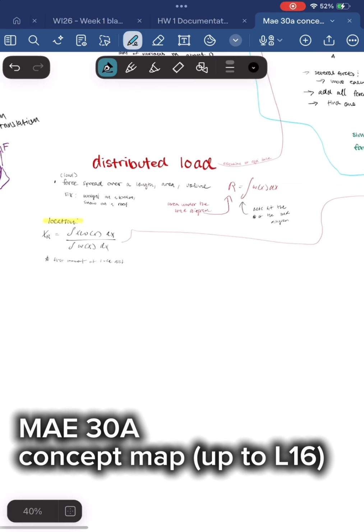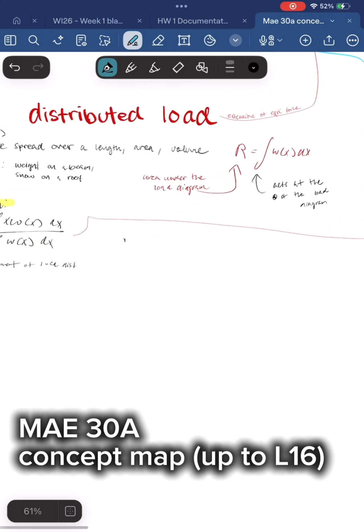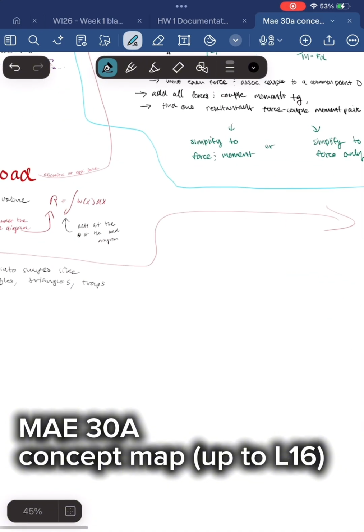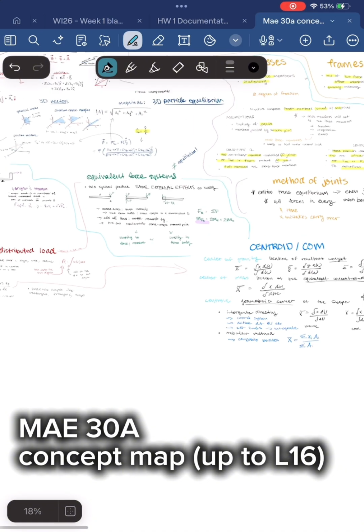We'll often break these loads into shapes like rectangles, triangles, polygons, trapezoids. And the general solving steps will be similar to composite centroids.